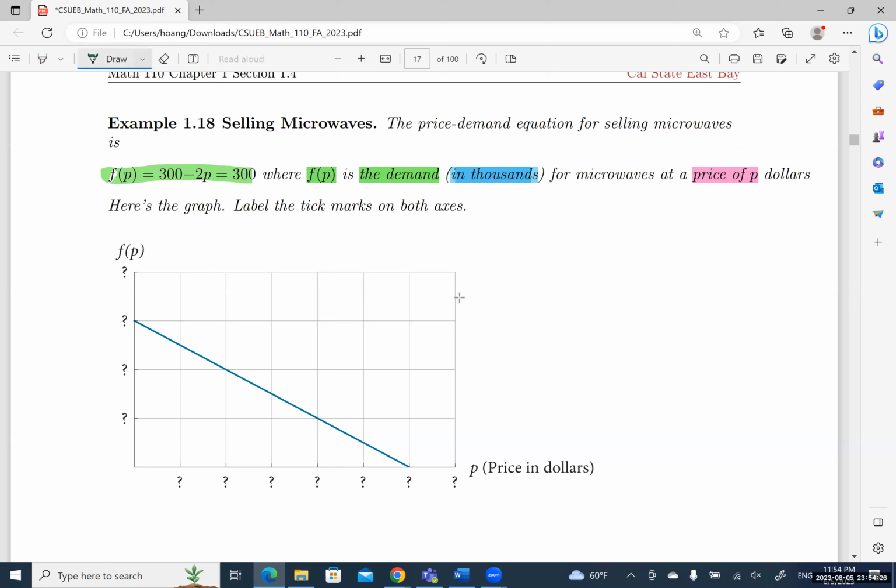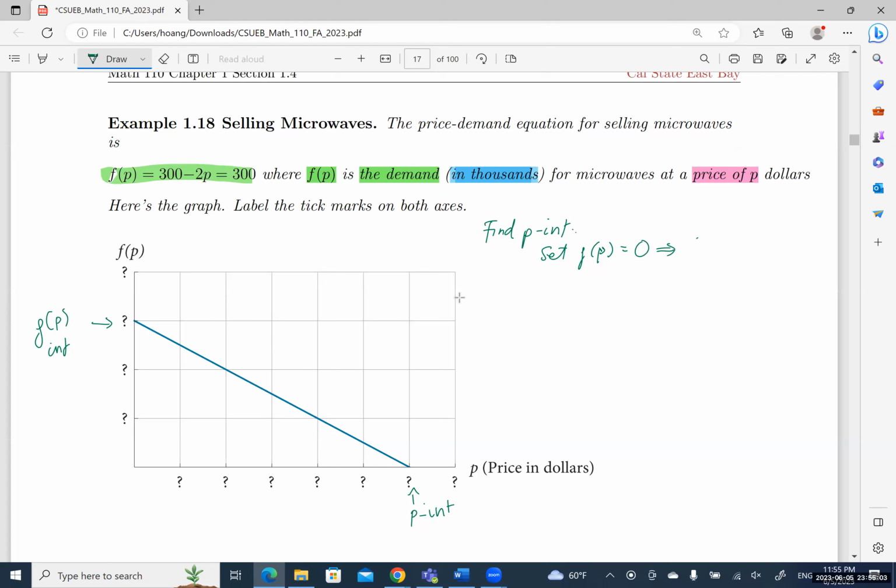We know that this is going to be the p-intercept, and this is going to be the f(p)-intercept. So we're going to find those two first, right? Find the p-intercept first. How to do that? Set f(p) equal to 0.